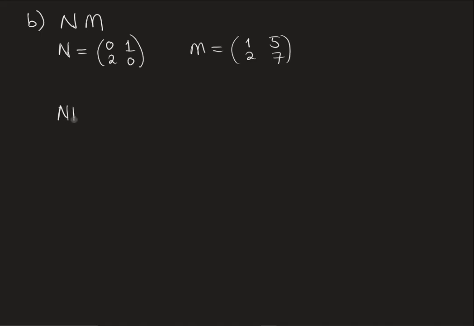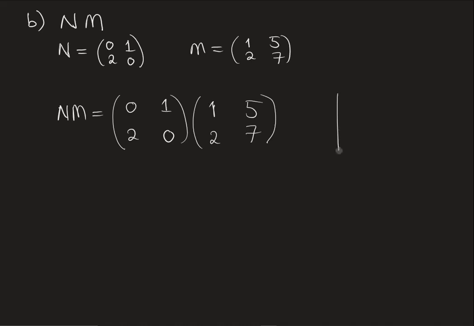First of all, it's best that you write the matrices kind of multiplied by each other, like this. This shows that you are multiplying them. Notice the brackets that we're using here, they should never be straight.